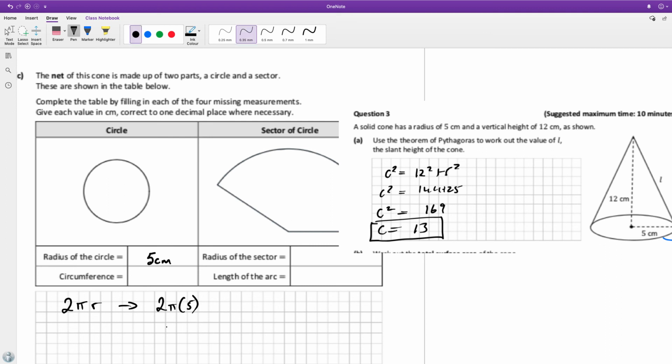Good stuff. Radius of the sector? I think 12.